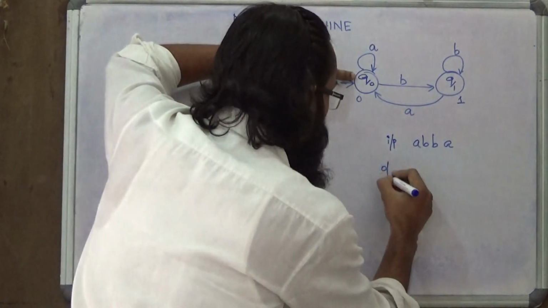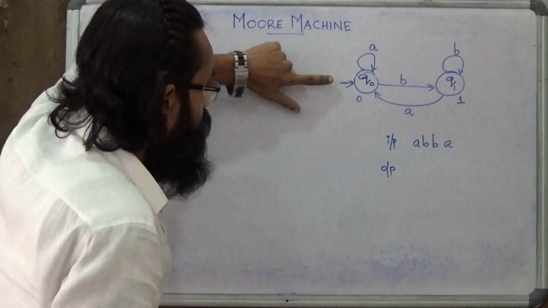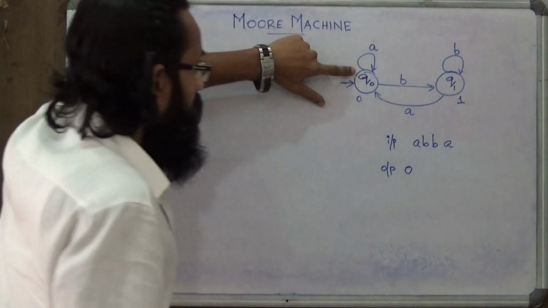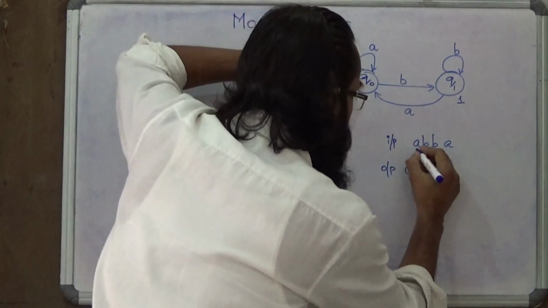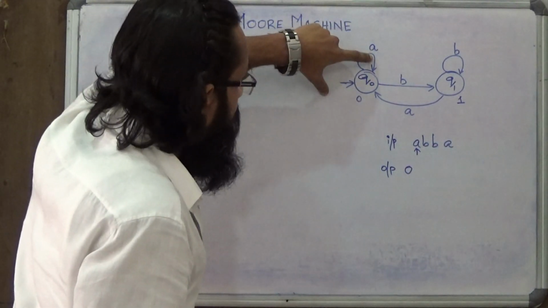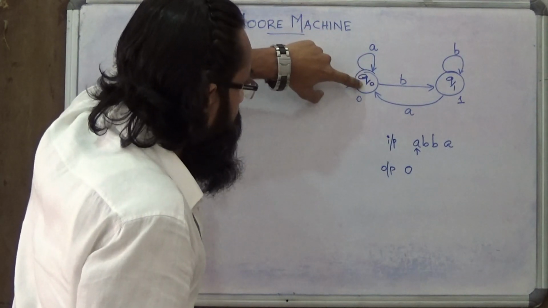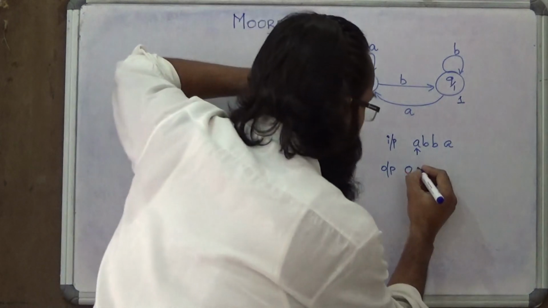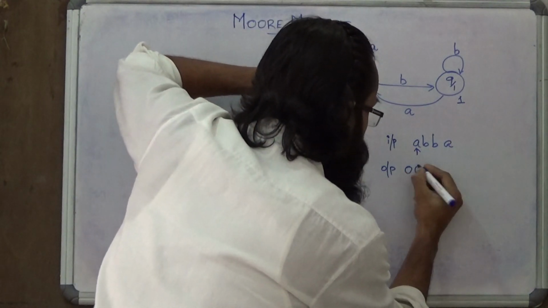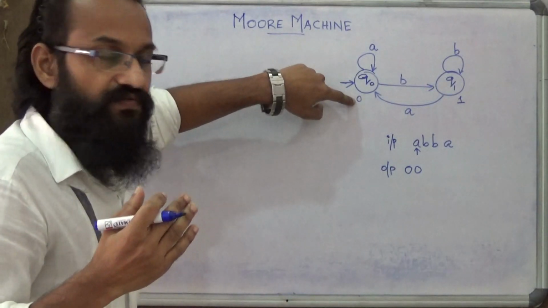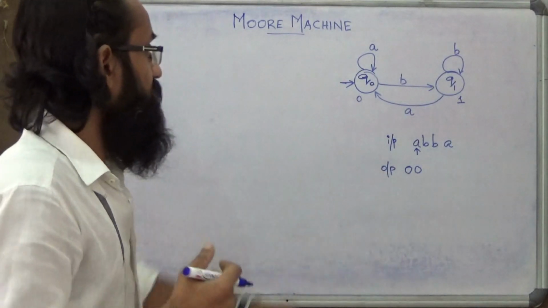So it will generate output. Without consuming anything, it will enter into Q0 generating output 0. Now from Q0, it will read input A. From Q0, by reading A, it will come back to the same state Q0, and the output associated with Q0 is 0. So it will generate output 0, and that output will be attached to the current output string.